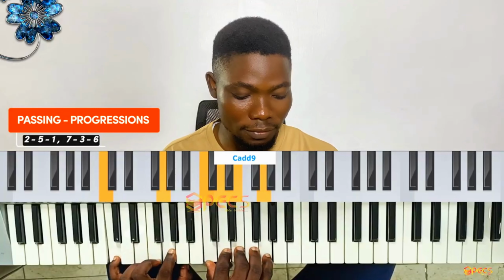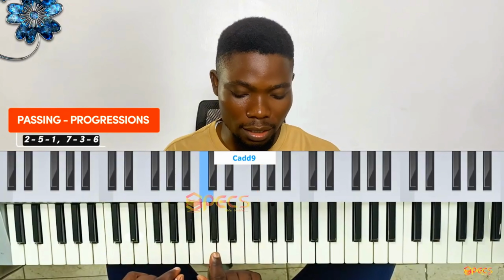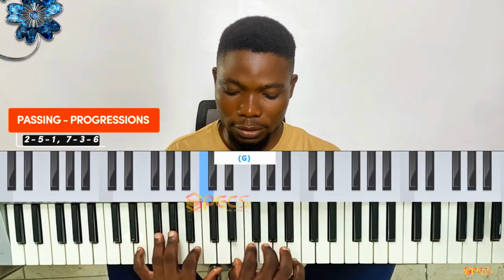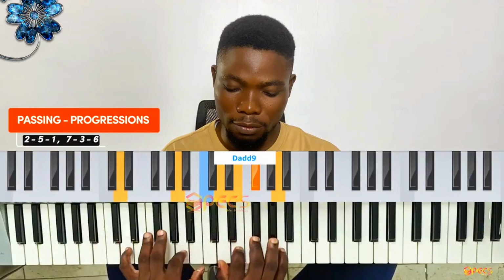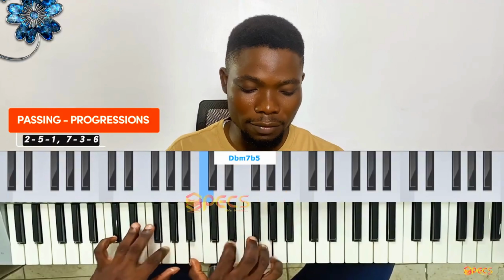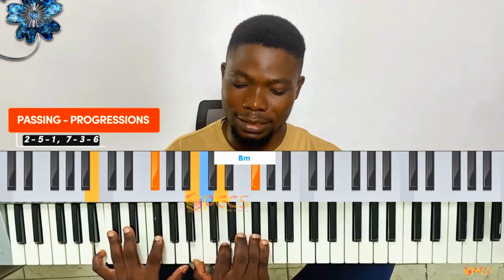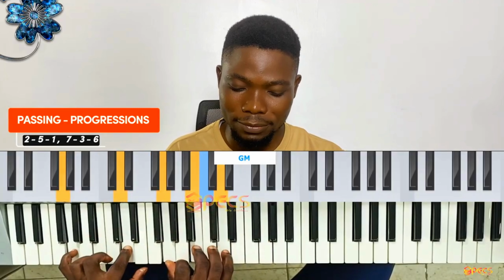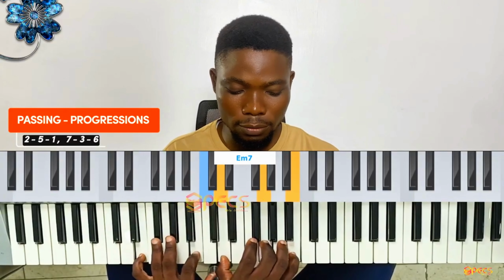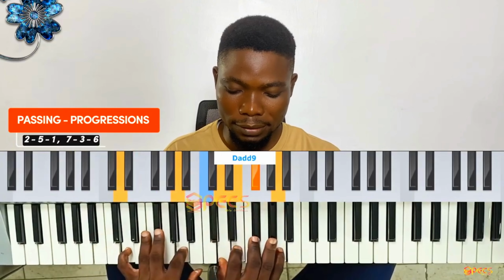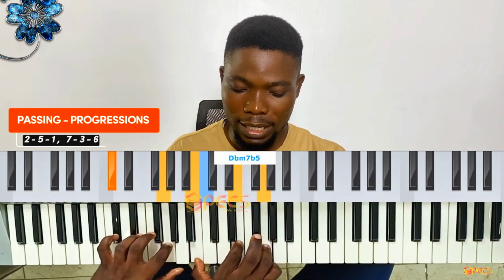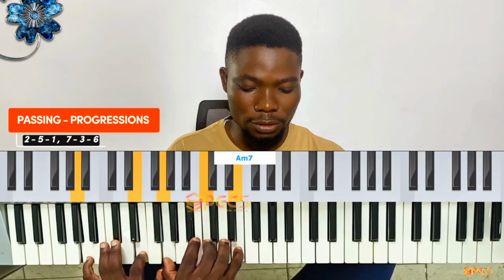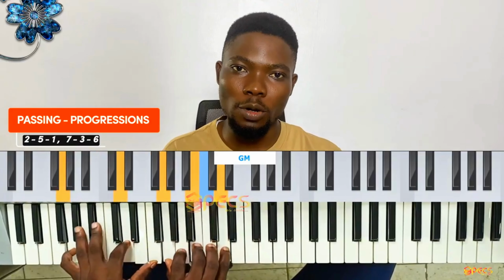That's on the key of G. If I go to the key of D, I will do my 2, 5, 1, then 7, 3, 6, then 2, 5, 1. Let me take it slowly. 2, 5, 1, 7, 3, 6, and 2, 5, 1.